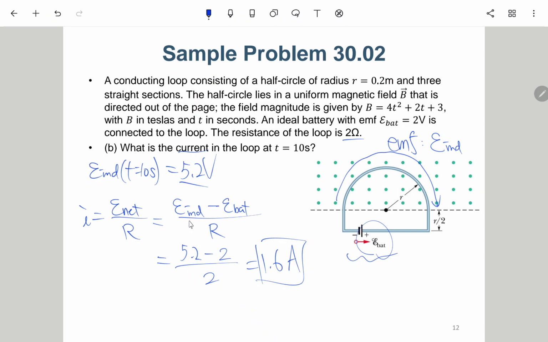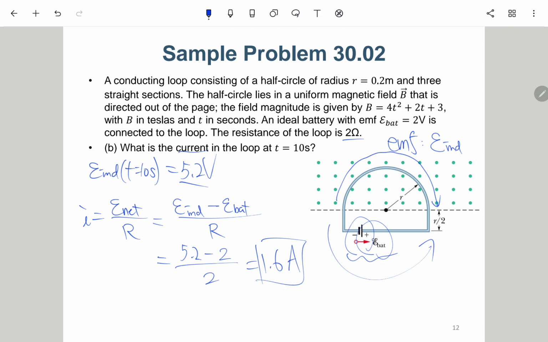Why is it subtracted from each other? The induced EMF is clockwise, according to what I mentioned on the previous page. And for the E battery, this is the positive side and this is the negative side, which means that if we don't consider the EMF, the current generated by this battery should be in that direction.